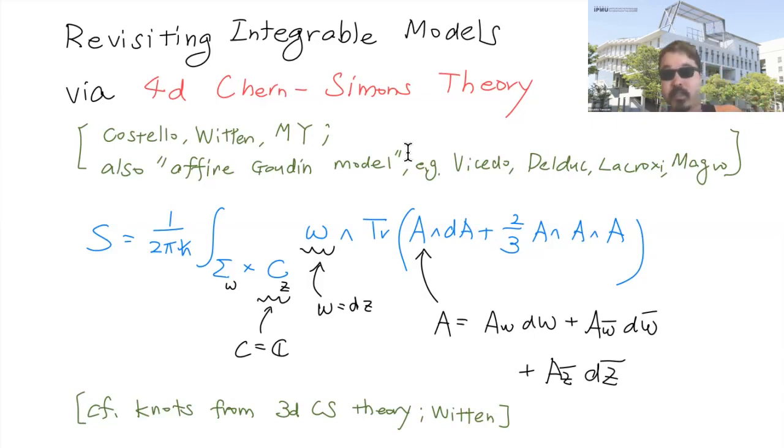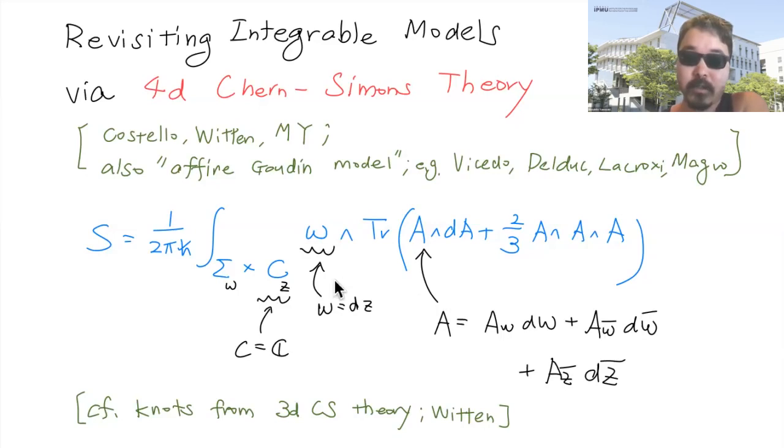Now, what is the 4D Chern-Simons theory? It's similar to standard 3D Chern-Simons theory, but with some extra features. There is the standard 3D Chern-Simons term, but it's wedged with a holomorphic one-form, which for the purposes of my talk, for the most part, is just dz, where z is the complex coordinate along two of the four dimensions.